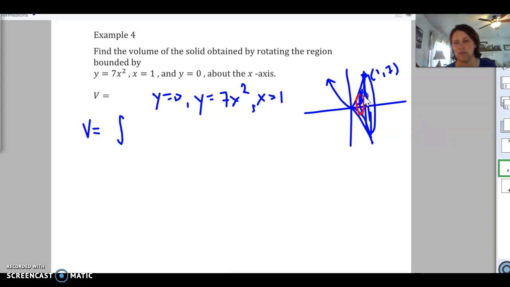of this shape. If we pull that out, we are going to get a solid circle. So this is a solid object. It does not have any holes or gaps in the middle. So with this solid object, the area of that circle is going to be pi r squared, where the radius is the distance from the x-axis up to our equation.